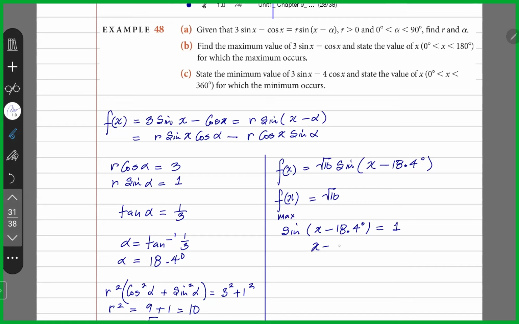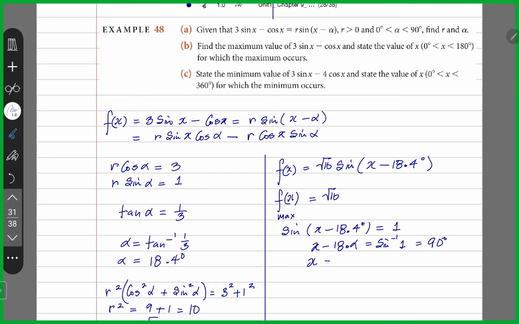So x minus alpha would be equal to sine inverse of 1, which is 90 degrees.